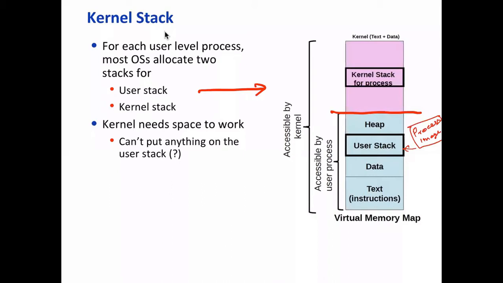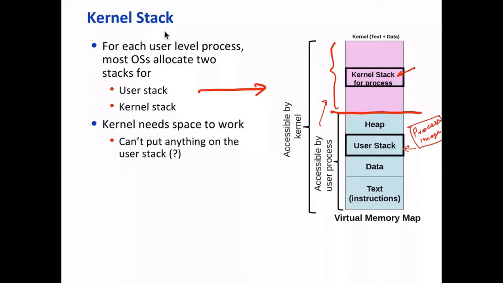Apart from that, we have also discussed briefly that the kernel also has a part of the address space of a process which the process cannot access. A user process cannot access this address space. There the kernel can keep some data, and the part where it keeps data we call the kernel stack for processes.